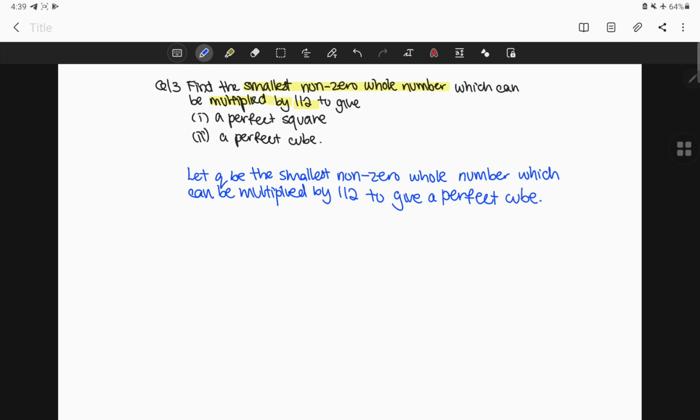So notice that whatever q is, it's just from the question itself. We are just copying this whole portion here, to give a perfect cube. Okay, so what this means is 112q is a perfect cube.